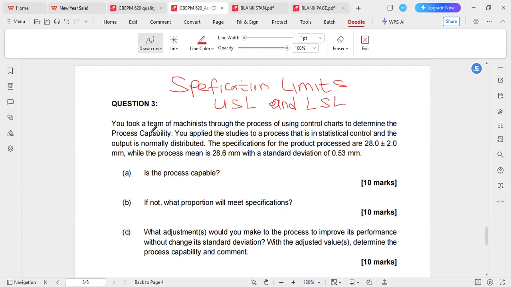So you took a team of mechanics through the process of using control charts to determine the process capability. You applied the studies to a process that is in statistical control and output is normally distributed.